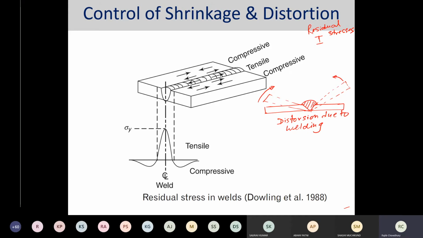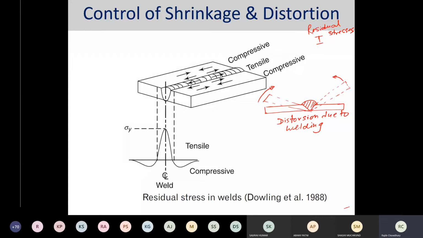It is because of the molten weld bead being deposited, which cools down slowly, the thermal annealing process, and this attempts to develop a certain shrinkage, and that shrinkage could be developed in the longitudinal as well as the transverse directions.